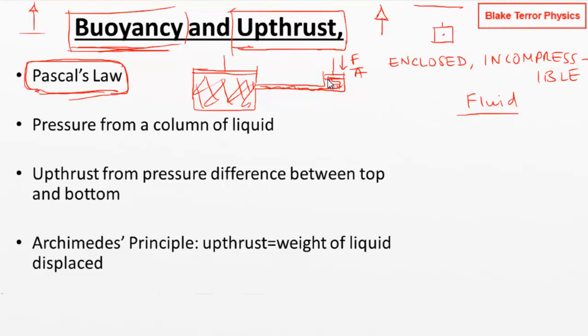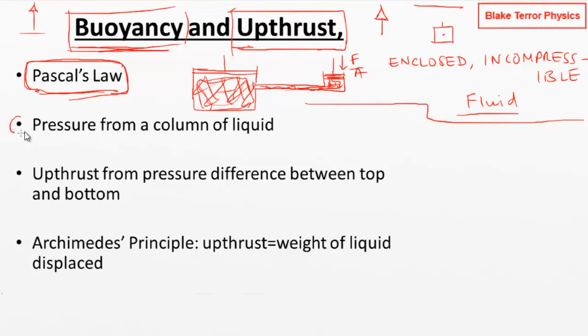So that pressure that is felt here will be felt by every single point throughout the liquid. So we've got this transfer of force, this transfer of pressure throughout the liquid. And that's underlying what's going on with the calculations when we start looking at buoyancy.